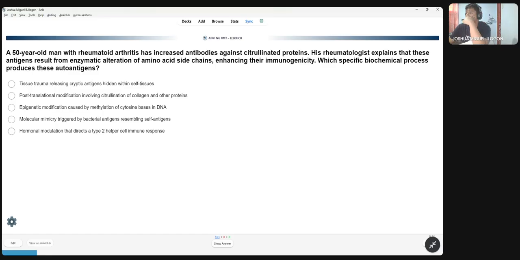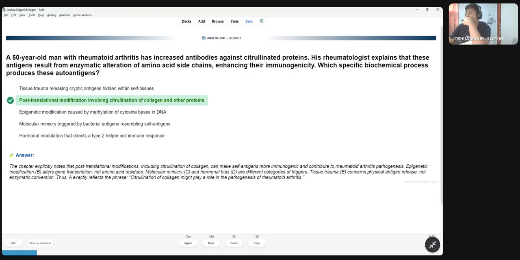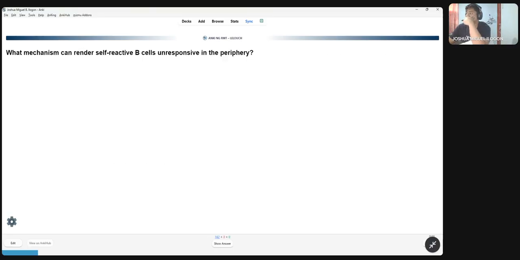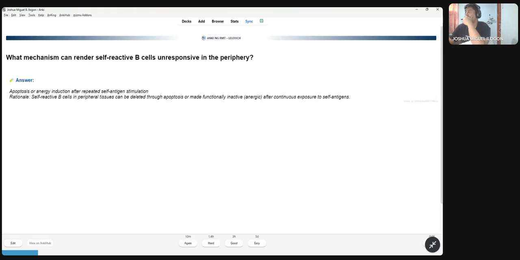Is it this death of cells? So it's post-translational citrullination. Self-reactive B cells unresponsive in periphery. Anergy? Oh yeah, anergy.